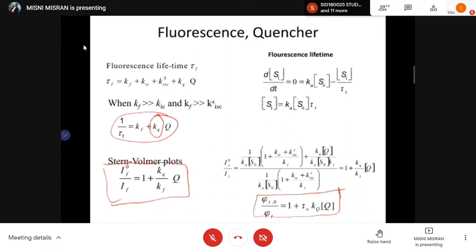And this one can be the lifetimes, tau not of fluorescence over tau, with and without quencher. This is bimolecular, and with quencher.